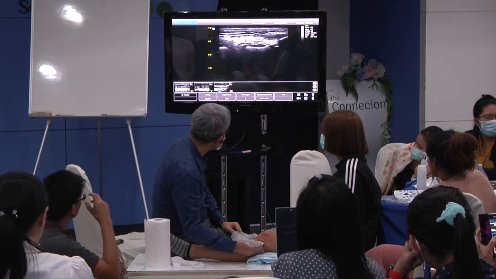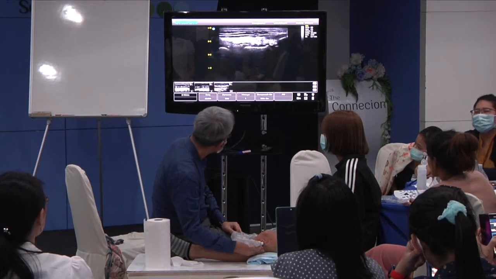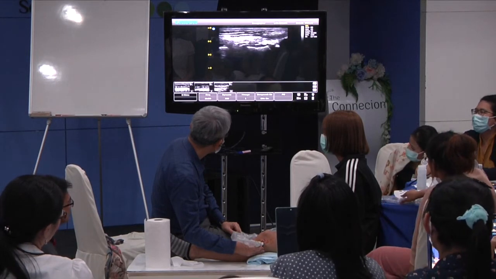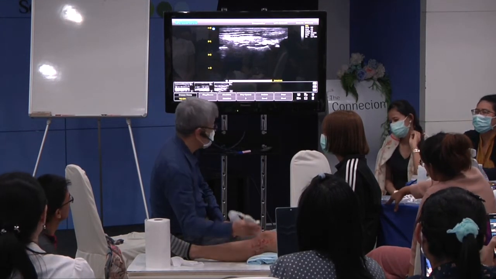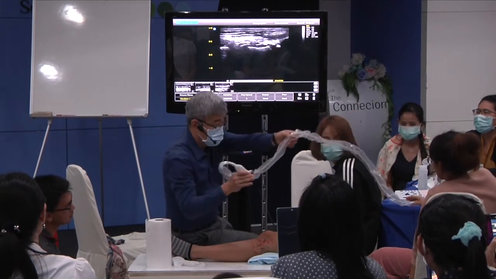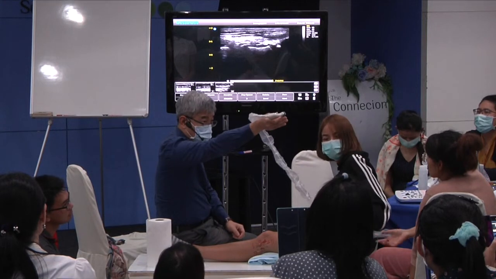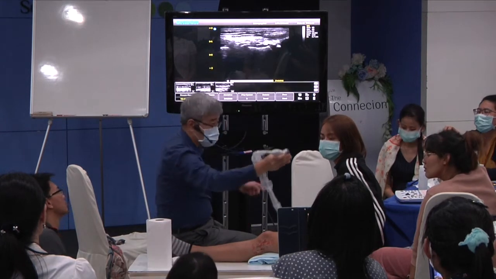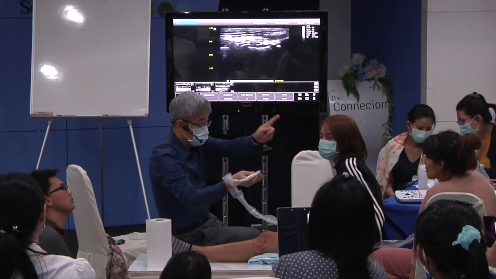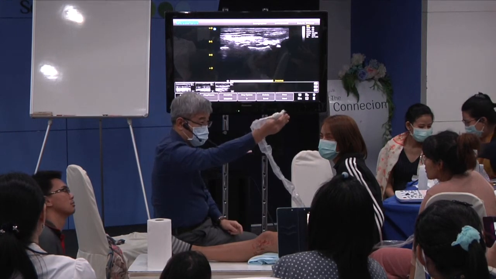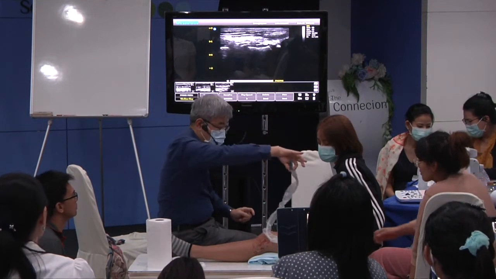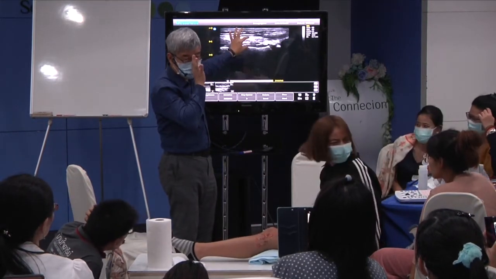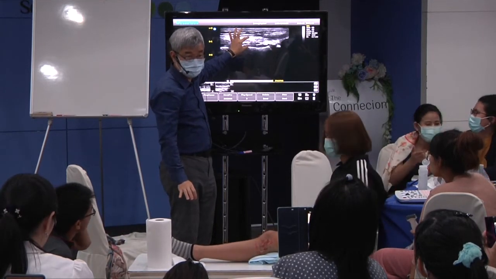Okay, freeze. And you use heel-toe walking to move from the LCL to the biceps femoris tendon. That's the thickness of the biceps femoris tendon, very bright.